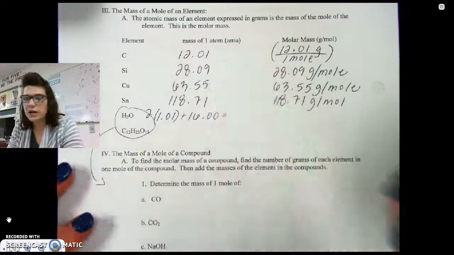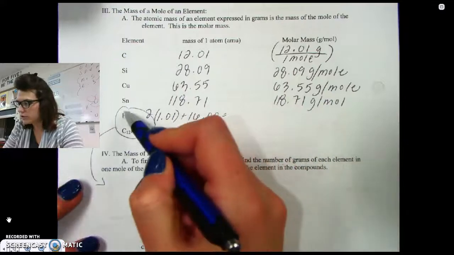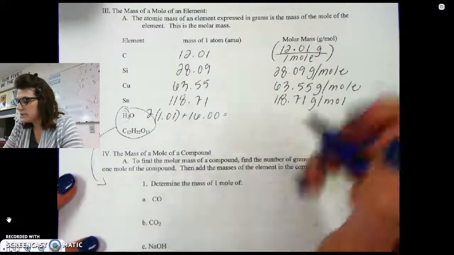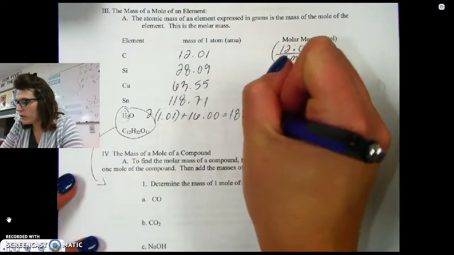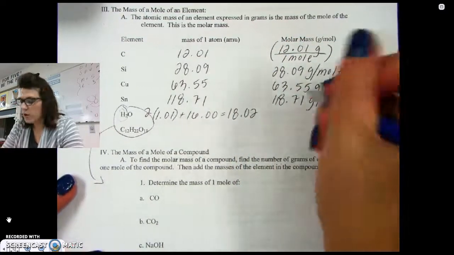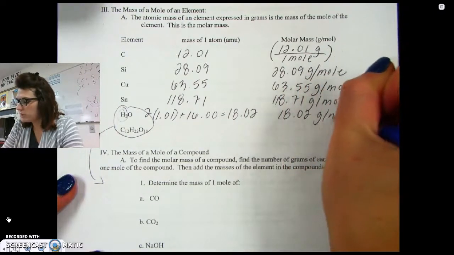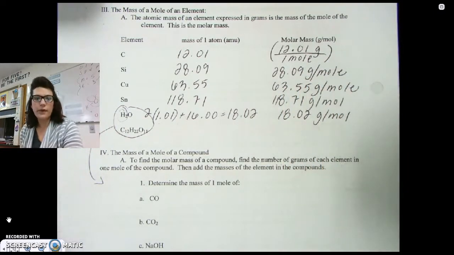So it's going to be 2 times 1.01 because there's 2 hydrogens. So it's going to be 2.02 plus 16, which is 18.02 AMU, which means water's molar mass is 18.02 grams per mole. Okay?